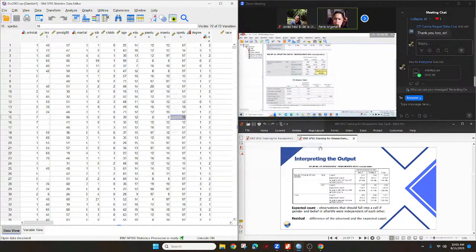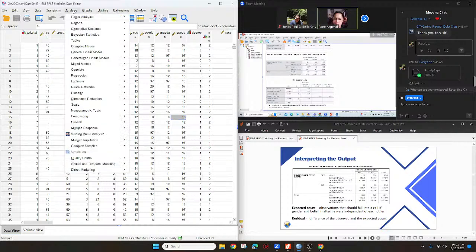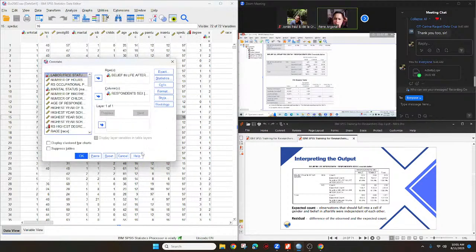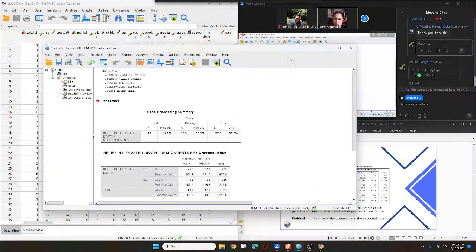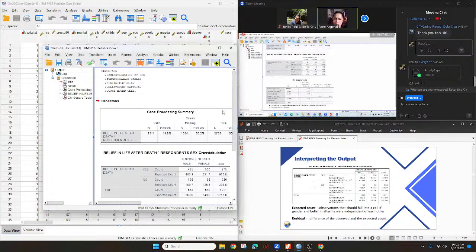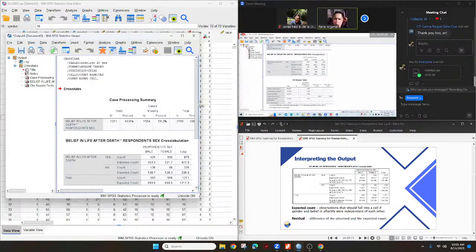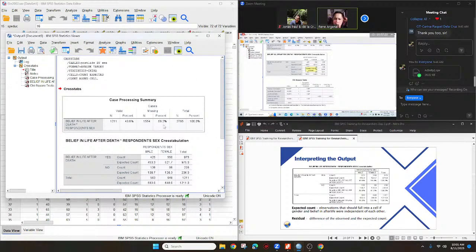The expected should be the supposed count if we consider the null hypothesis, meaning no relationship. If the actual counts are close to these values here, it means that there is no relationship, no?